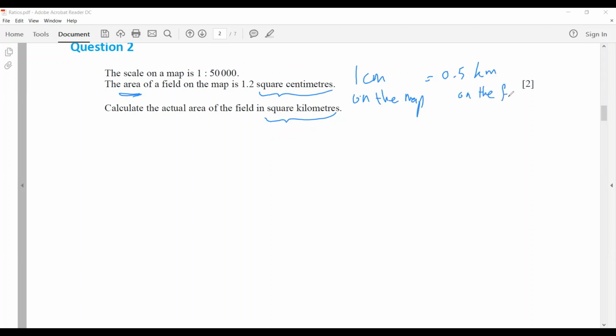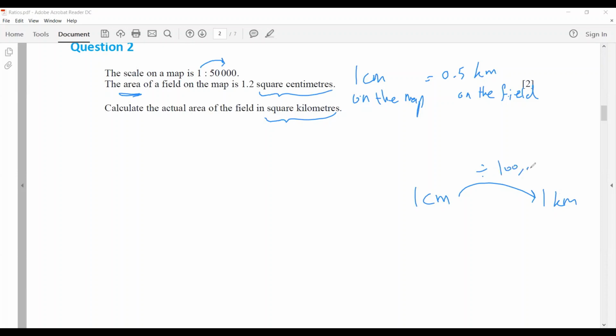I hope you understood what I did here, because the scale is 50,000, it should get 50,000 larger, and knowing that if you want to convert from 1 cm to 1 kilometer, you need to divide by 100,000, 10 to the power of 5.